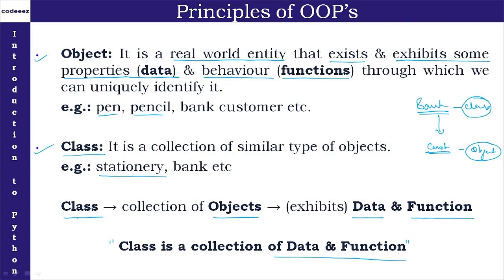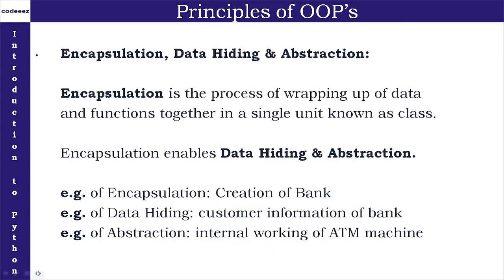So these were the two principles, object, class, and the next principle is encapsulation. Now what is encapsulation? If you consider a real world example, you can check it out with the medicine, that we use capsules. We normally often take capsules for some of the illness we have. So what is a capsule?